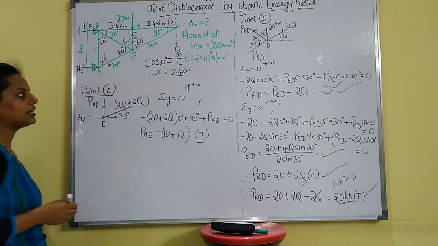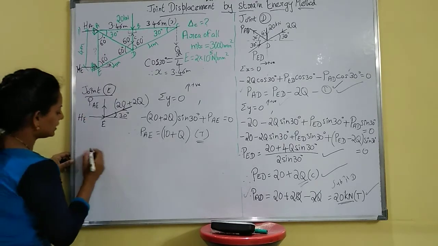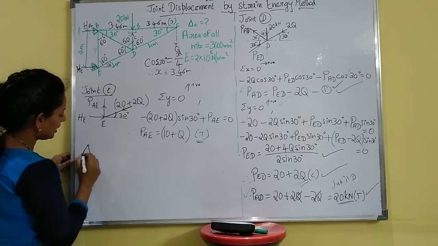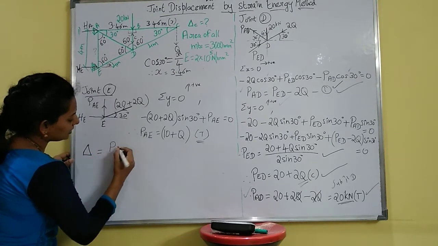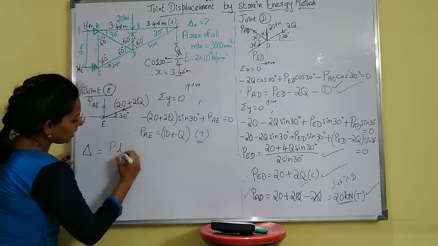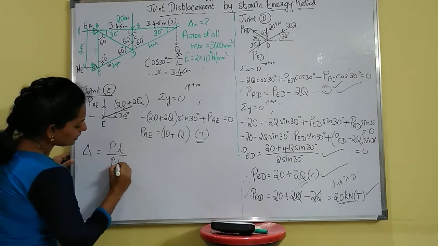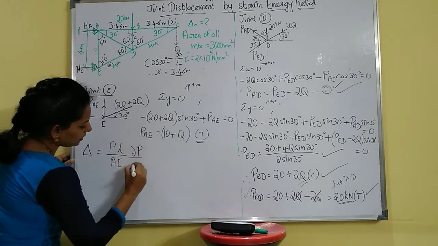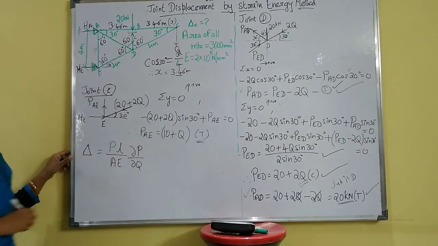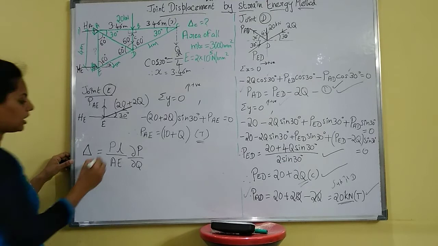Now just tabulate and find out the delta C. So the joint displacement formula is, for joint analysis, summation PL by AE into dou P by dou Q. Okay, this is a general formula.